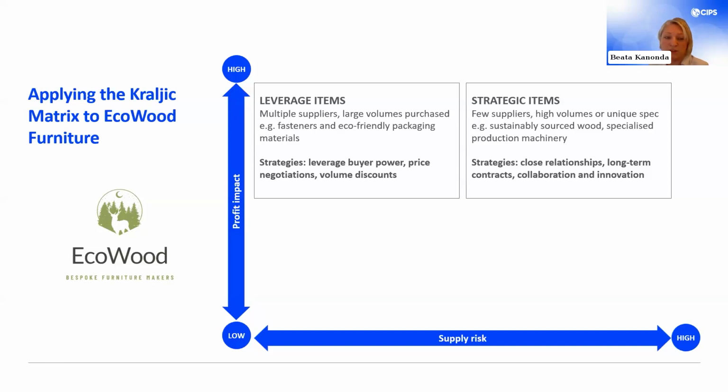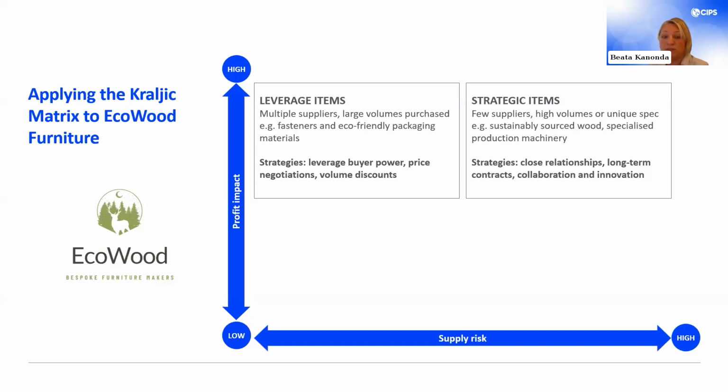For specialized machinery, engaging in partnerships with equipment manufacturers can help secure access to new technologies or gain priority for upgrades or repairs, ensuring that production isn't delayed by equipment failure. EcoWood can explore opportunities for joint ventures or supplier partnerships to promote sustainability in the supply chain, aligning with EcoWood's eco-friendly mission.